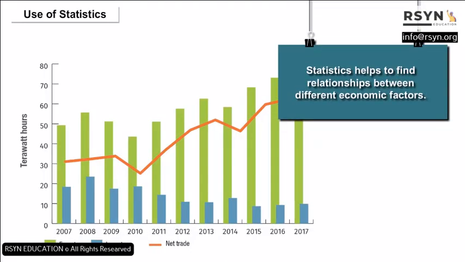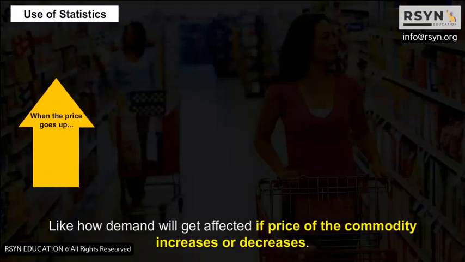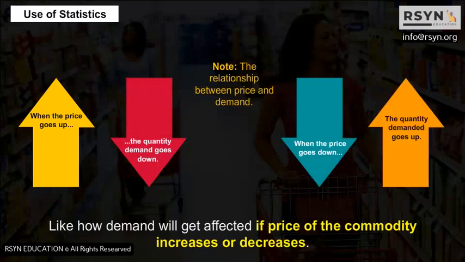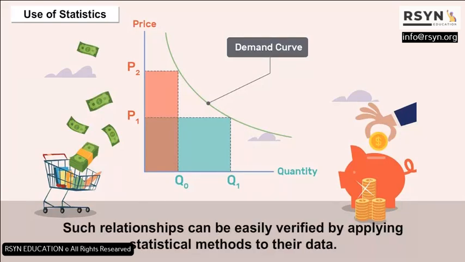Statistics helps to find relationships between different economic factors, like how demand will get affected if the price of the commodity increases or decreases. Such relationships can be easily verified by applying statistical methods to their data.